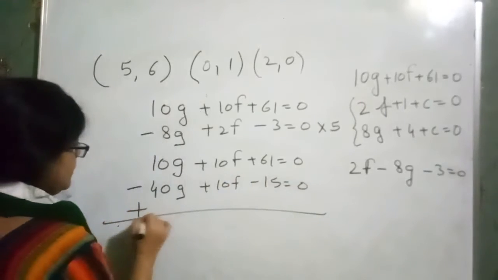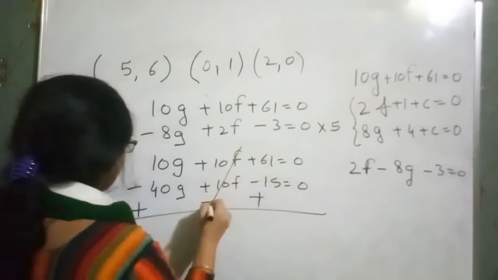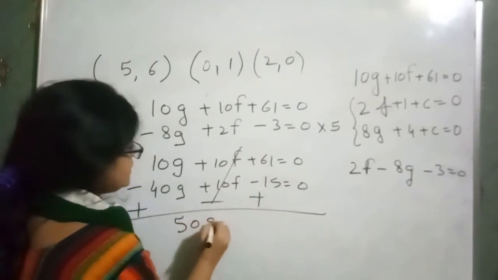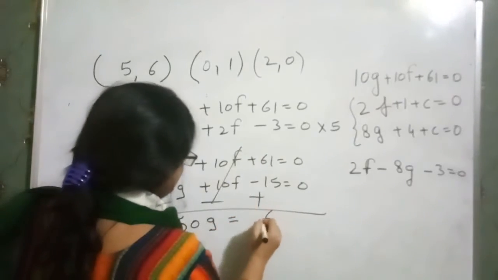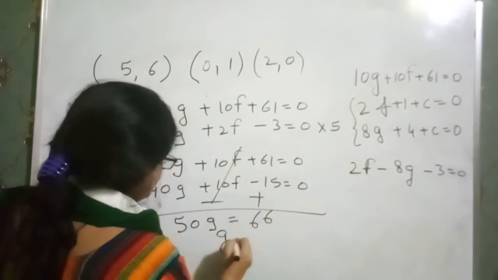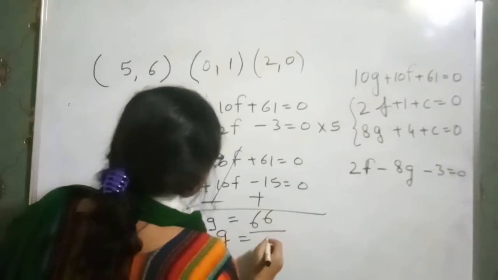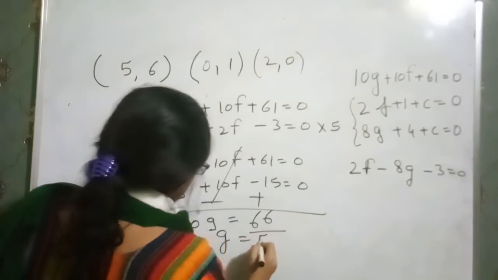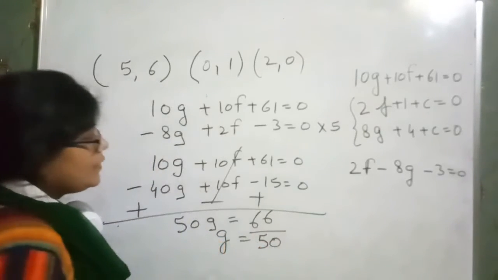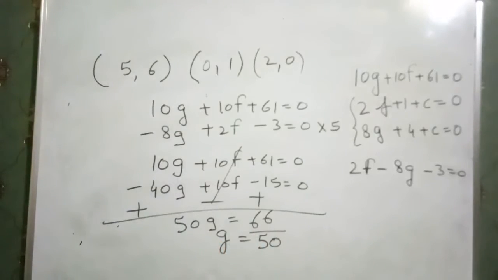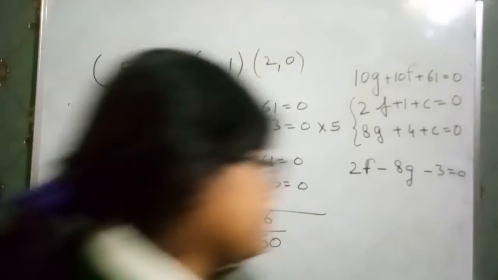Okay, then plus minus plus it gets cancelled. We have 50g is equal to 66, that is value of g is equal to 33 over 25. Okay, now we have to find the value of f.